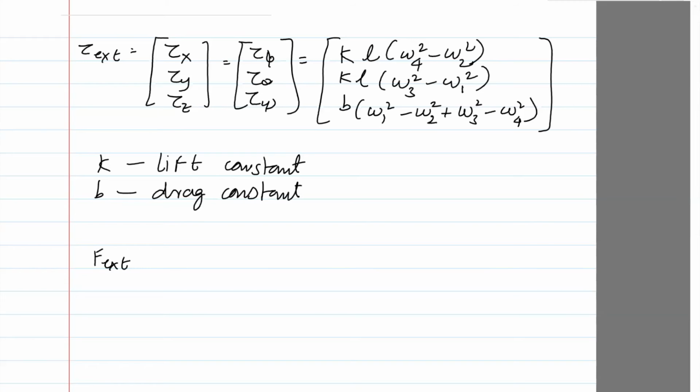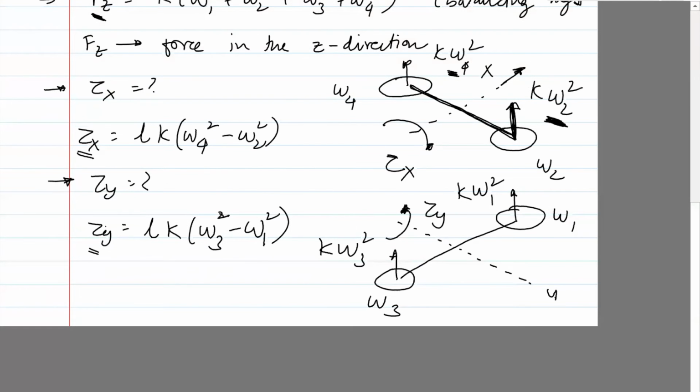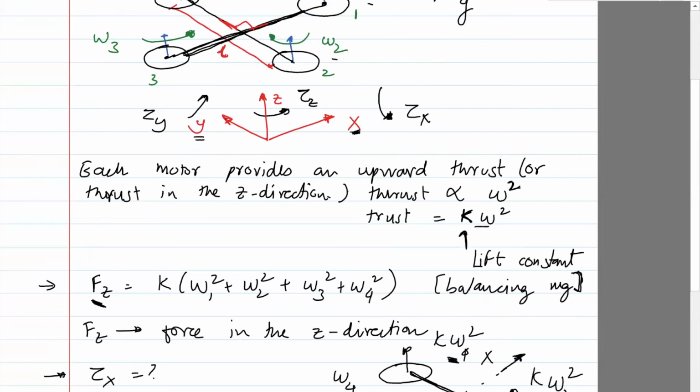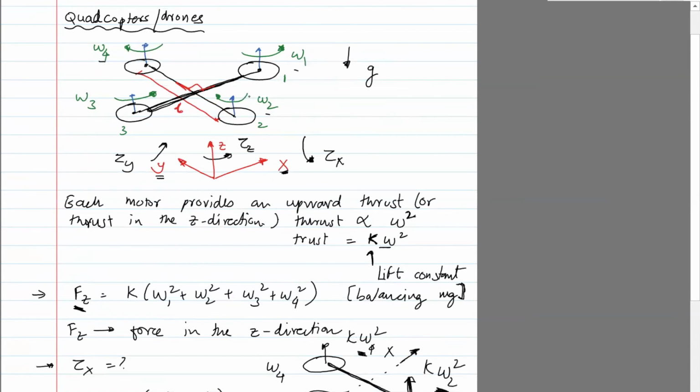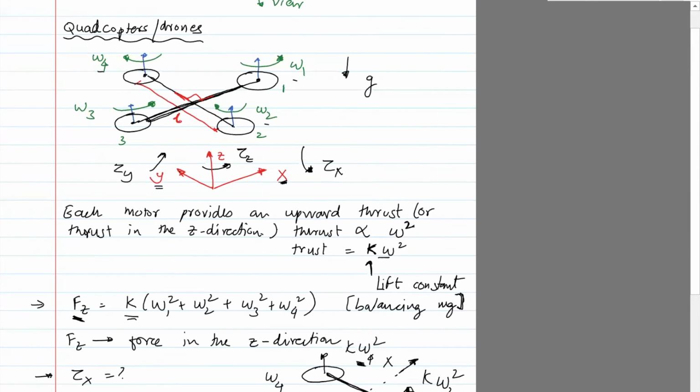What I showed you here in this figure was that this force acts in the z direction, right? It only acts like so when the quadcopter is perfectly aligned with the z-axis. When the quadcopter rotates about the x, y, z axes, that force has to be resolved along the x, y, and z direction.